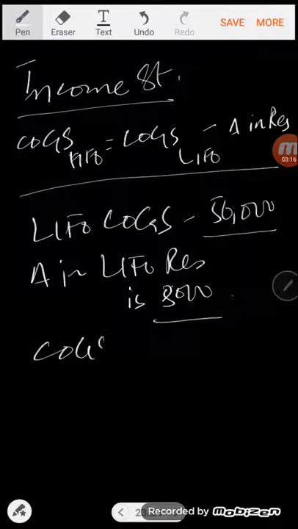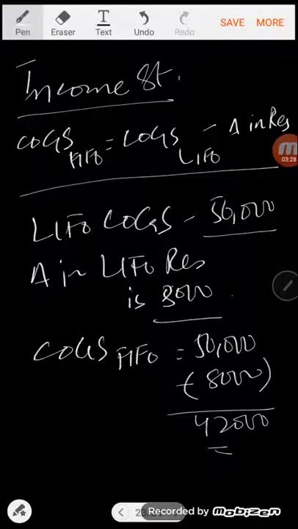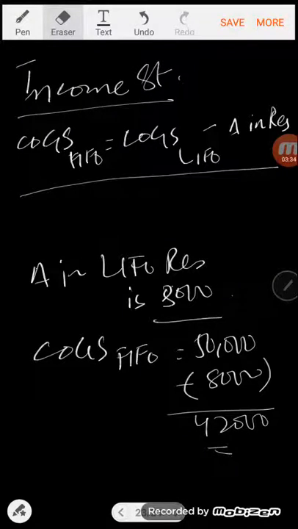So simply COGS of FIFO would be 50,000 minus 8,000, and that would equal 42,000, right? So this is the first formula that we discussed.